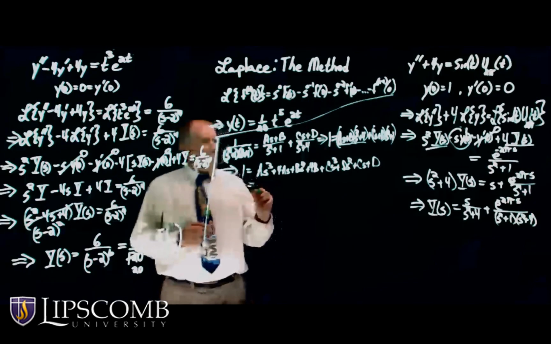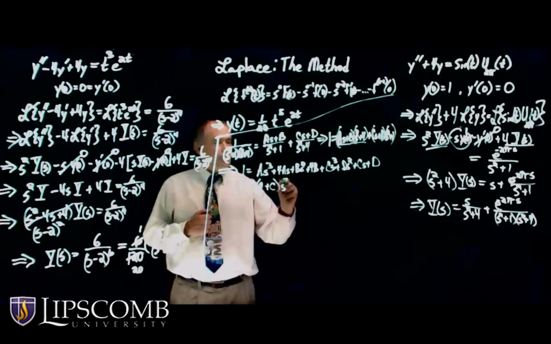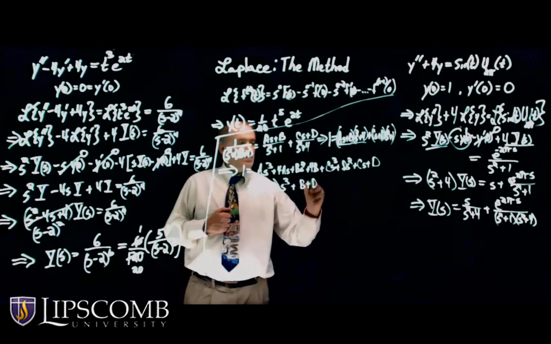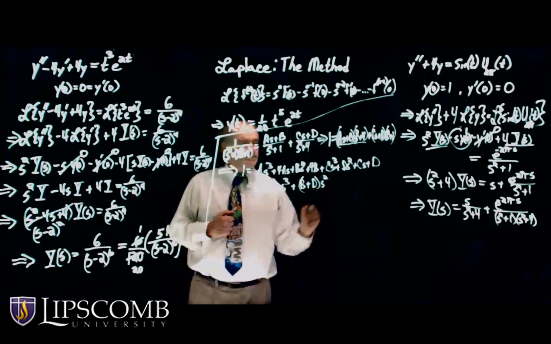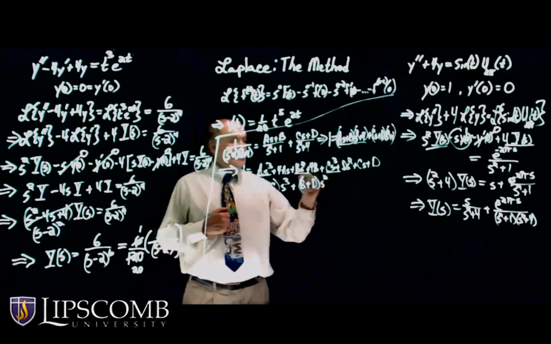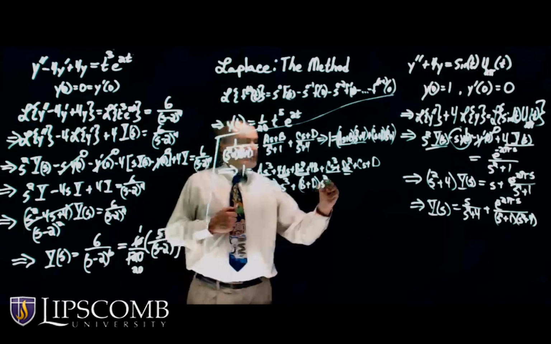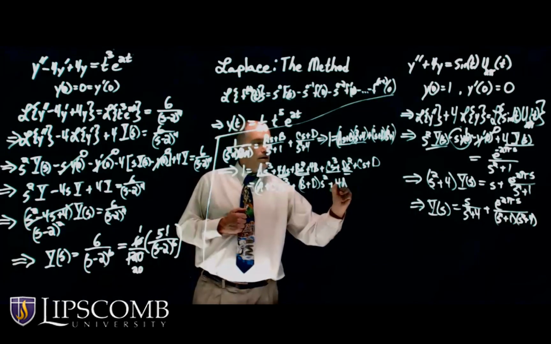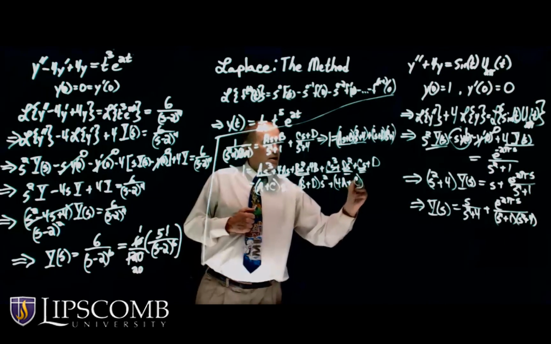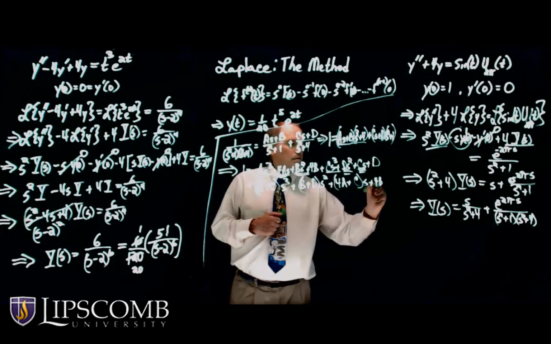So this is equal to A plus C times s cubed plus B plus D times s squared. So I've taken care of that, that one, that one, and that one. Let's take care of this one. So this would be plus 4A plus C times s, and then finally I have 4B plus D.